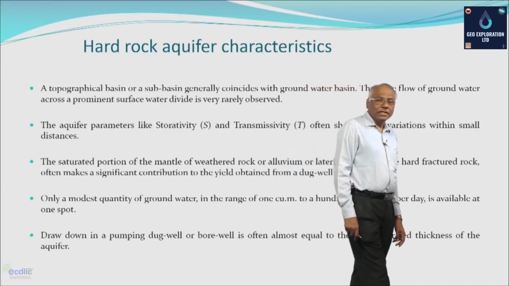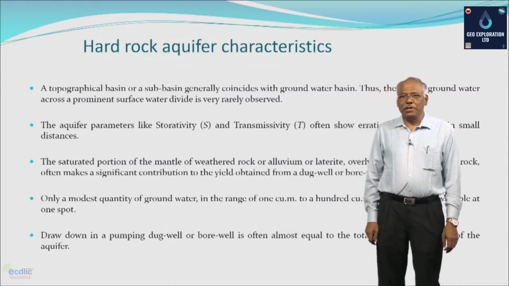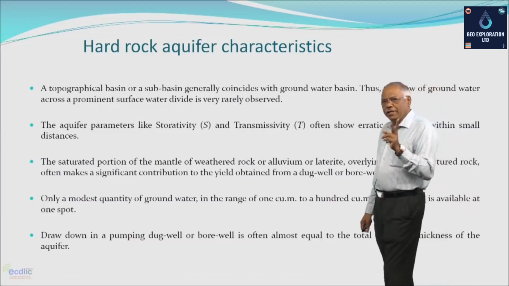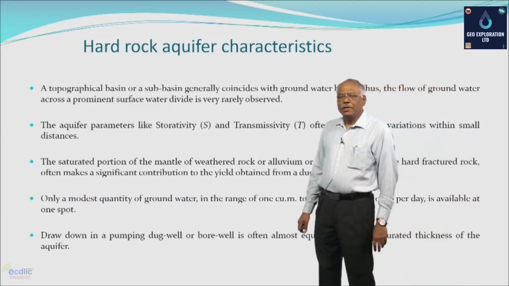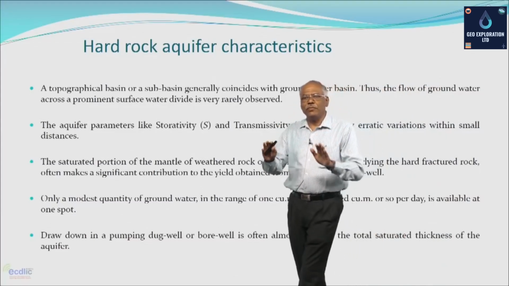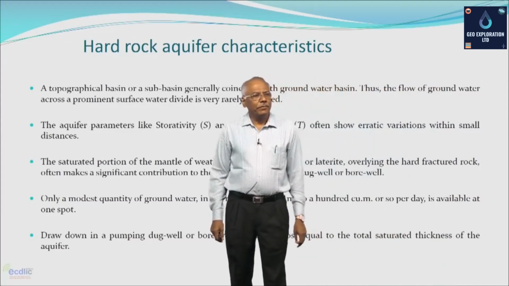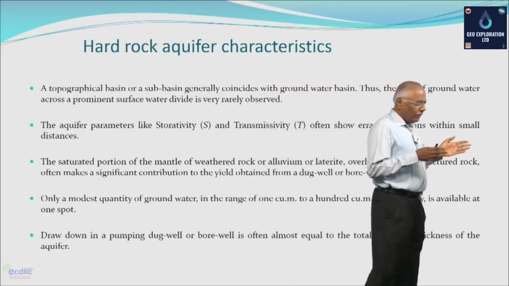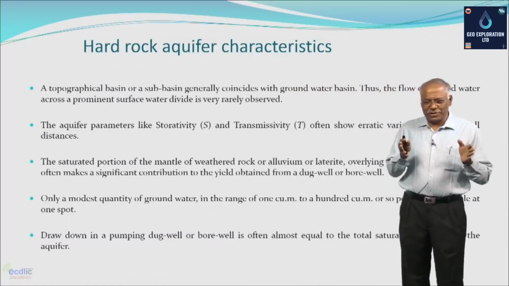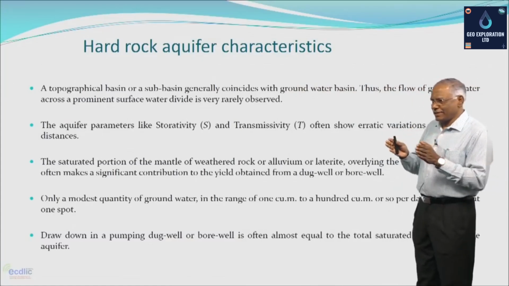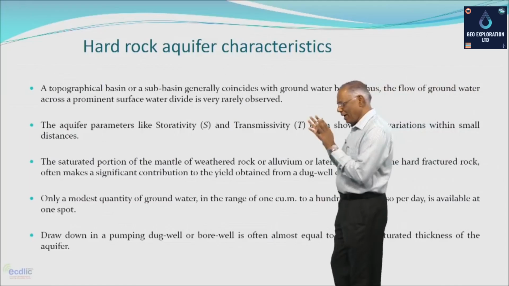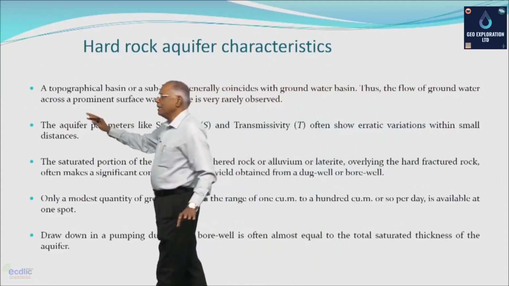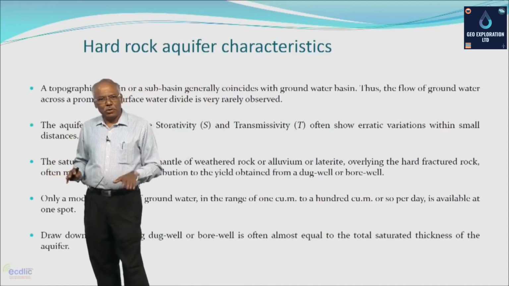These characteristics are narrated in this particular picture here. Basically, the storativity and transmissivity properties often show a large amount of variation in these kinds of hard rock aquifers over a small distance, because fractures or pores or fissures or cracks or joints which are present in the hard rocks are not uniformly present across the distance on a spatial scale, nor vertically.